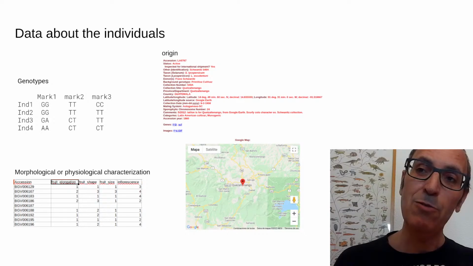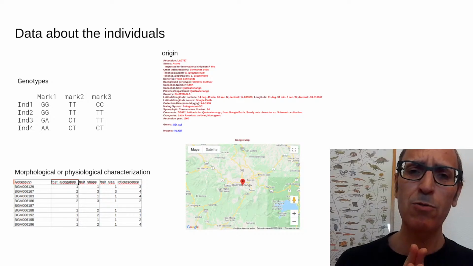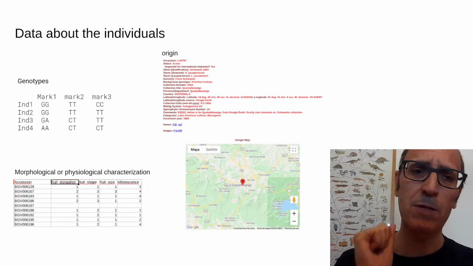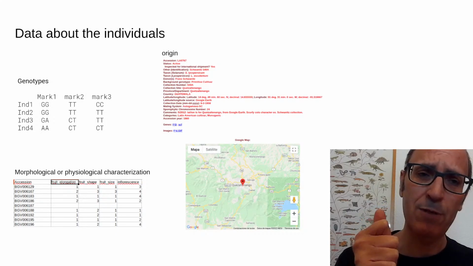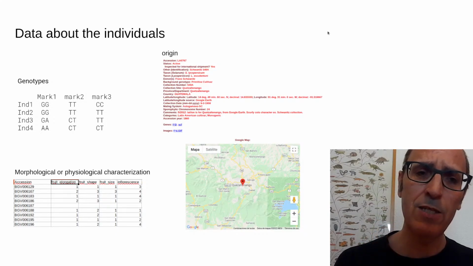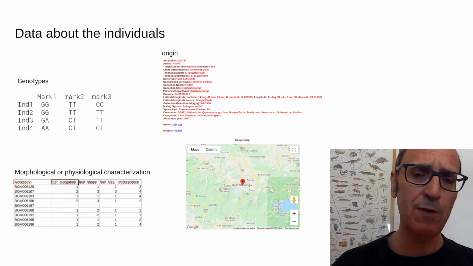In order to do that, one thing that you need is data. If you want to do practical population genetics, you are going to deal with lots of data, and you will have different kinds of data. You need, first of all, genotypes for each individual and for each marker, like here. And then you will have a genotype matrix that we will use to calculate distances, diversities, everything.